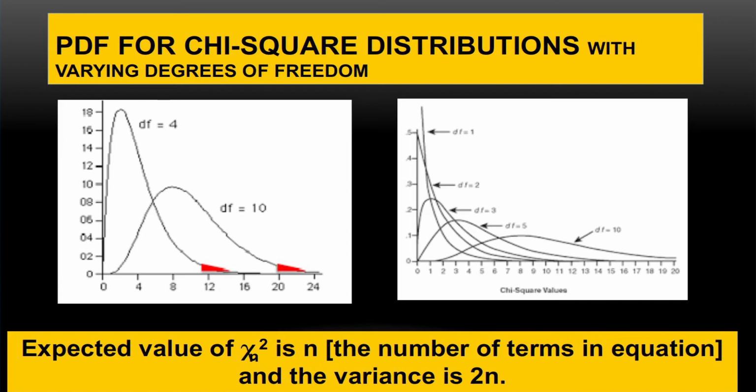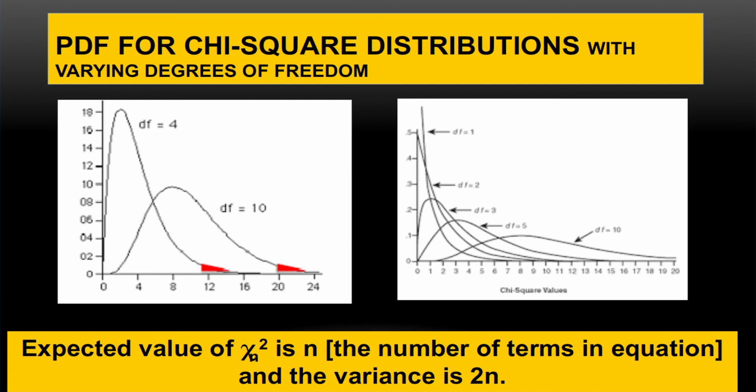The degrees of freedom is used to identify the curve on which we need to find the critical value. So, the degrees of freedom helps us to identify the curve on which we have to see the critical value.